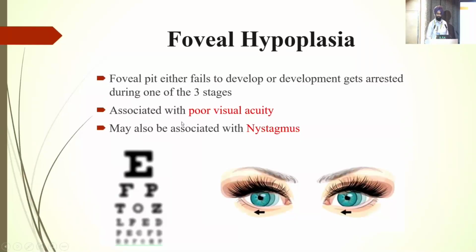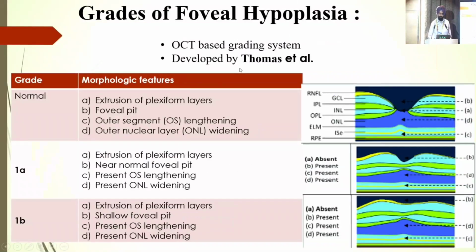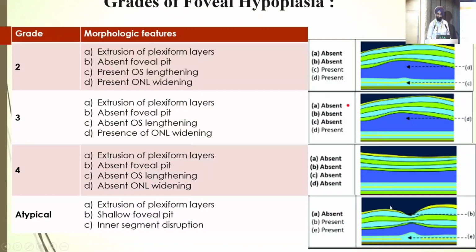It may be associated with a poor visual acuity, also may be associated with nystagmus. Can be seen associated with PAX6 anomalies, SLC38A8 anomaly, FRMD7 anomaly. This was graded on OCT by Thomas et al., a normal OCT as we all know. On stage 1A, there is extrusion of the plexiform layers. 1B, extrusion of the layers with a shallow foveal pit.